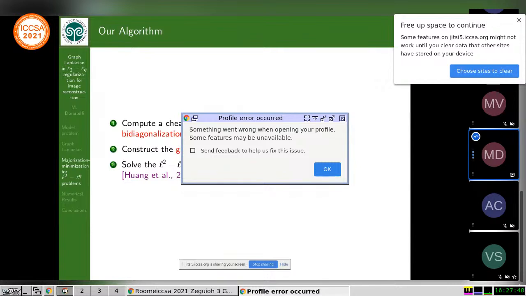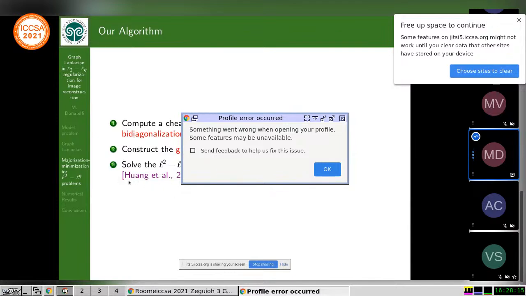It's enough to have a good enough restoration to compute the graph Laplacian, such that we construct the graph Laplacian using this initial approximation x alpha, and then with the constructed graph Laplacian, we can apply the L2-LQ regularization using the majorization minimization that we have seen with Reichel.